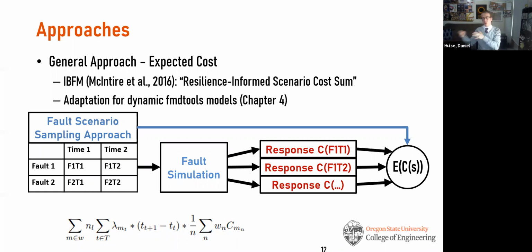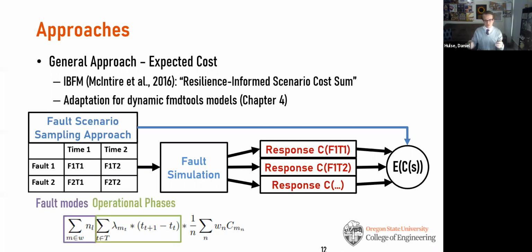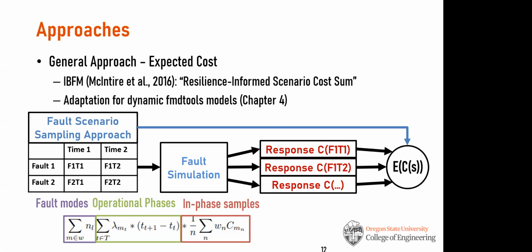And so what we developed in this chapter to go with these models was a model that has to do first with the set of fault modes, and then has another set of rates for the set of operational phases that the system goes through. And then within each of those phases, we can imagine there's different times when we can simulate faults. And so there's another part of the model that is these in-phase samples.